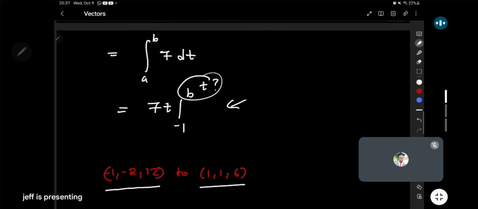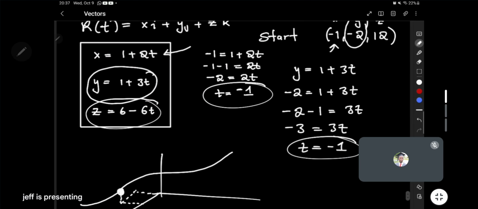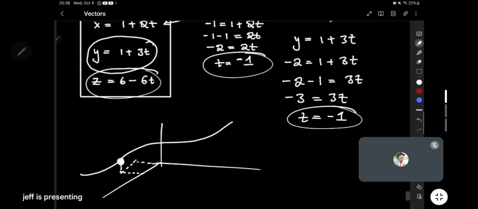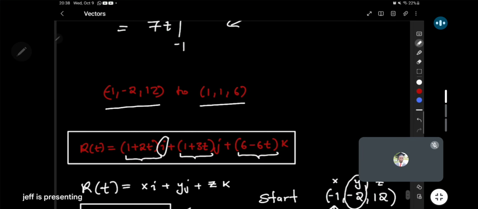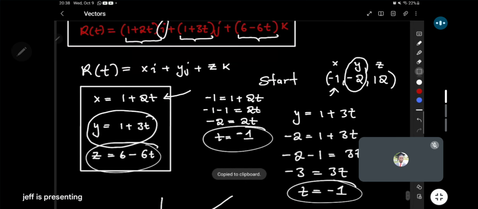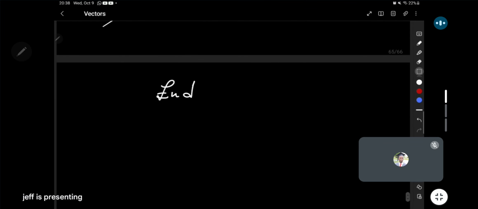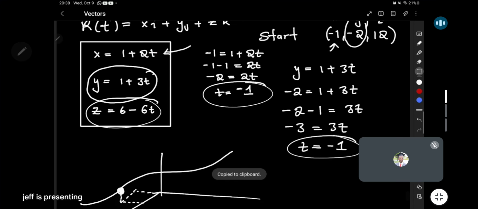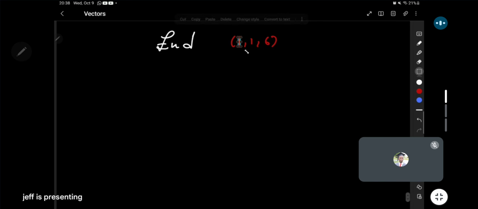How about at our final point? What is the value of t? The endpoint has coordinates 1, 1, 6. Now there's no need for us to do it for all three, so just pick one, since we know it would still be the same. We can just pick the position vector for x, since we know at the endpoint x has value 1.